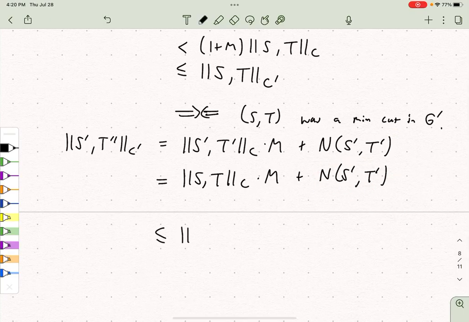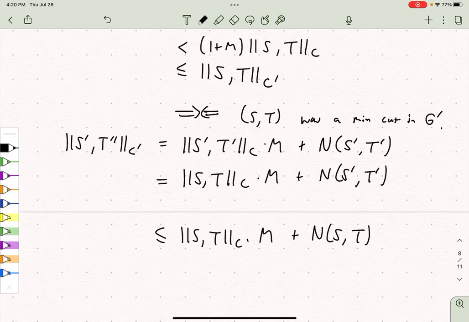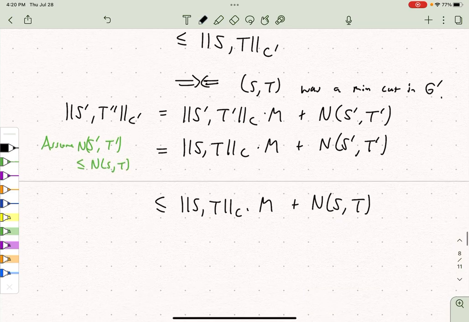So this is smaller than the number of edges between S and T, because by our assumption, S prime T prime has fewer edges than S and T. But again, this is exactly equal to ST and C prime.